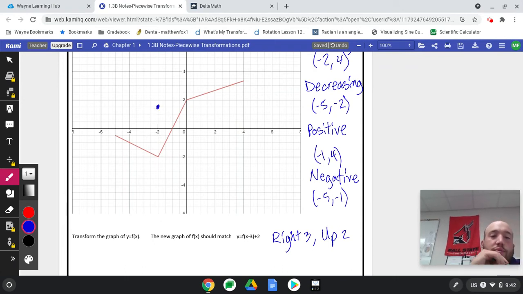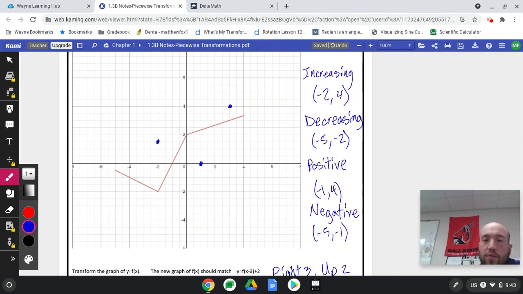That's where one of the points will be. This next one, over 1, 2, 3, up 2, puts us right on that axis. And finally here, over 1, 2, 3, up 2. Our final one maybe is a little bit more difficult because it's kind of in the middle, but 1, 2, 3, up.